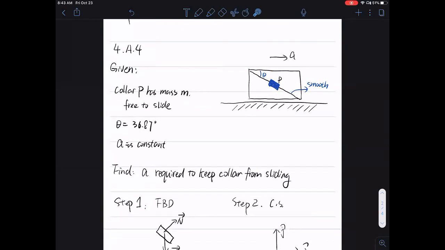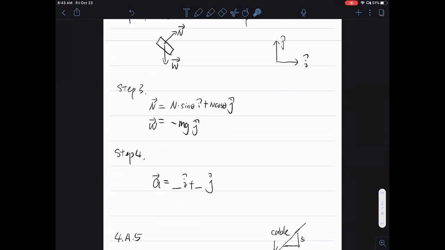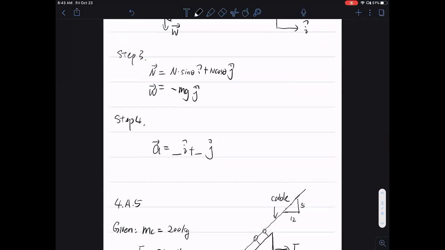But since the whole car is moving to the right, the collar P must move to the right as well with the car. So that tells us the acceleration for that collar should have A in the I direction, but 0 in the J direction. You can make a note: no motion on J.